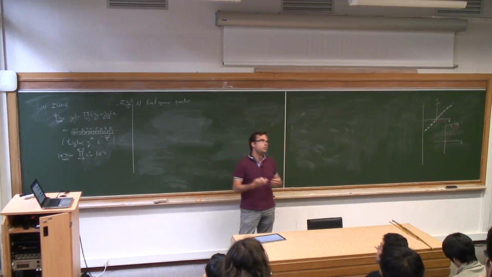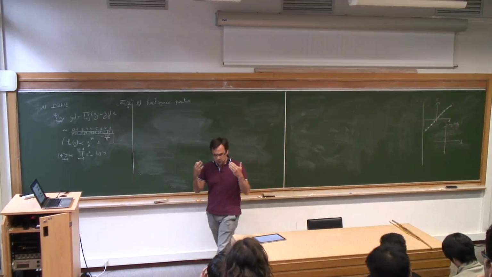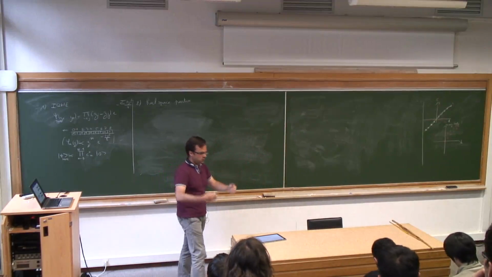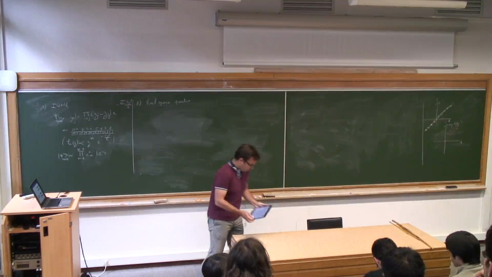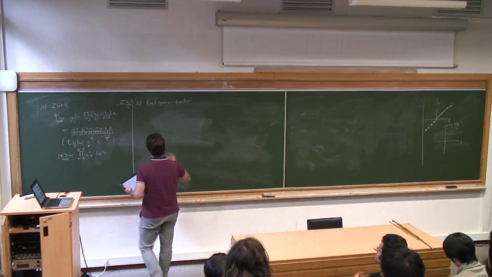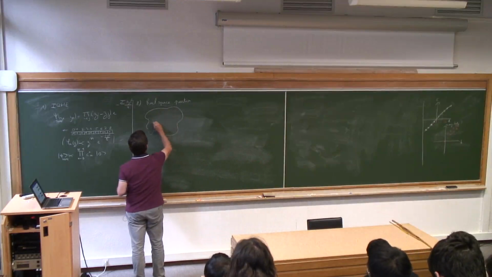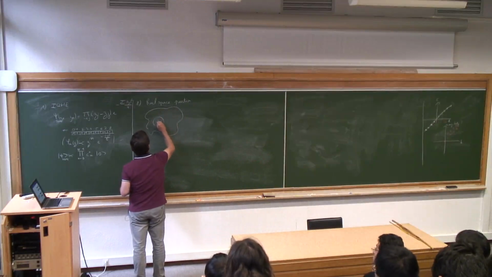Okay, so what we want to do is to compute the entanglement spectrum when we cut the system in real space. So let me give you the general technique to do such a calculation.